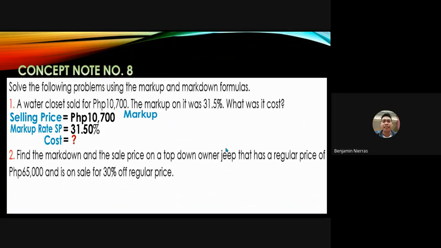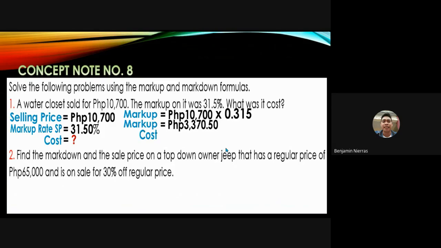So let's find the markup. Markup is equal to 10,700 pesos, which is the selling price, times 31.5% of the markup rate. So whatever the value of 31.5% of 10,700 is the markup. Then that yields an answer, 3,370 pesos and 50 centavos.